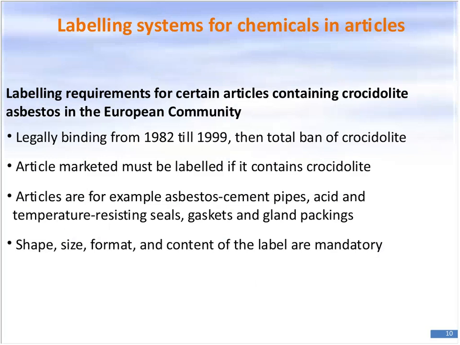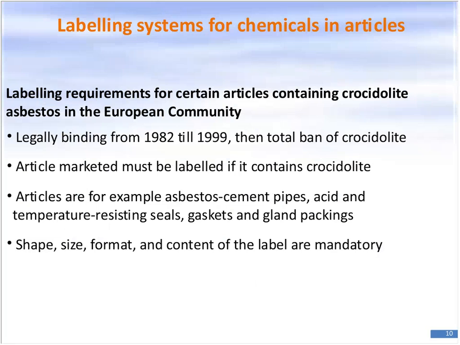Then, from 1982 to 1999, there were labeling requirements for certain articles containing crocidolite asbestos in the European Community. I just have to say that from 1999, any crocidolite asbestos is banned.